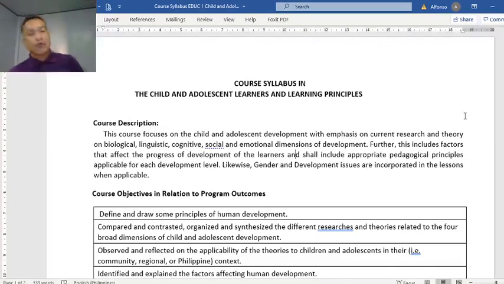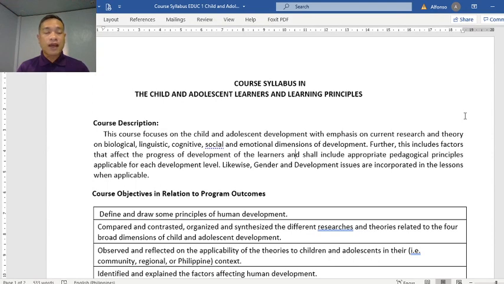Okay, so right there in your screen is the course syllabus for this course, the child and adolescent learners and learning principles. The course description reads, this course focuses on the child and adolescent development with emphasis on the current research and theory on biological, linguistic, cognitive, social, and emotional dimensions of development.